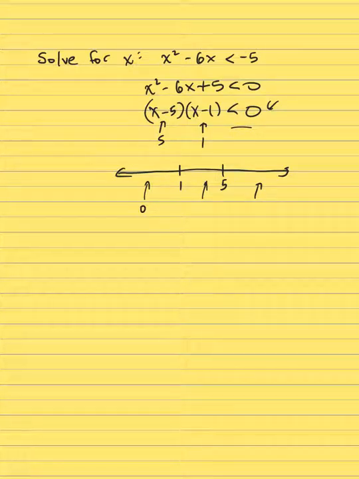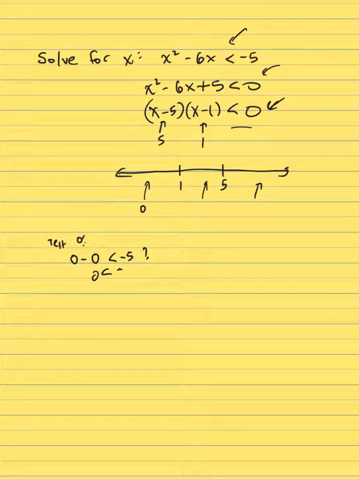When I plug 0 in, I could plug it in up here, or here, or here, and really it doesn't matter which one you do. We'll just use the original to make sure. I would get 0 minus 6 times 0 is less than -5. Is 0 less than -5? Of course, that is not true. So that means this interval does not work.